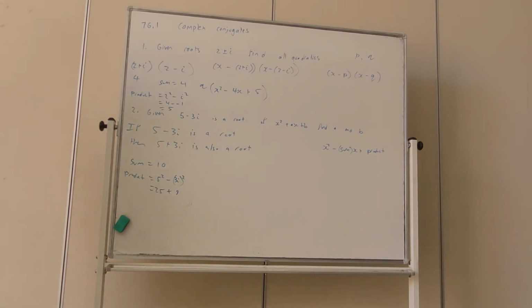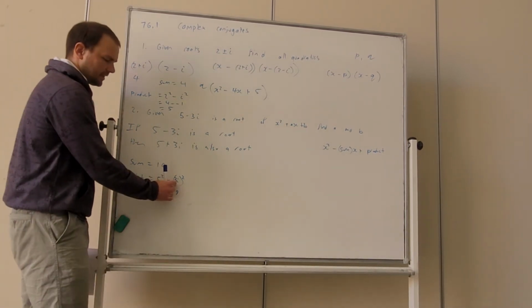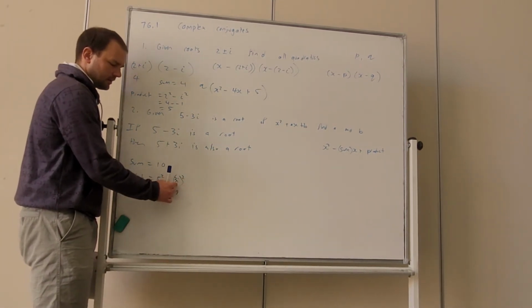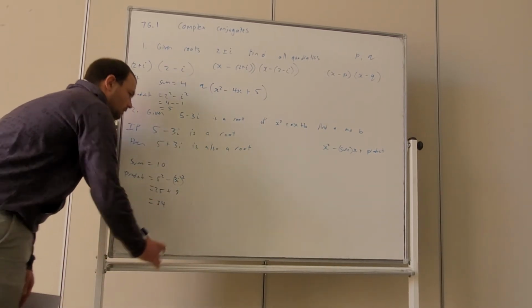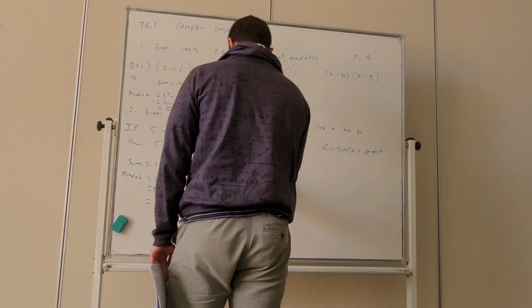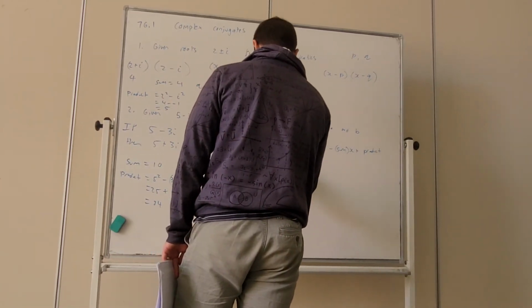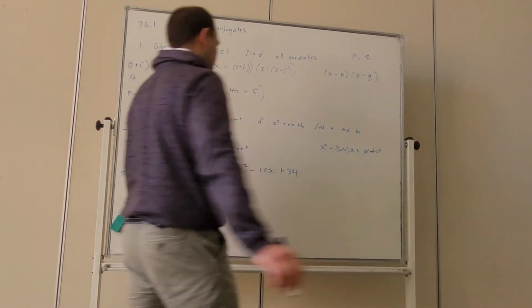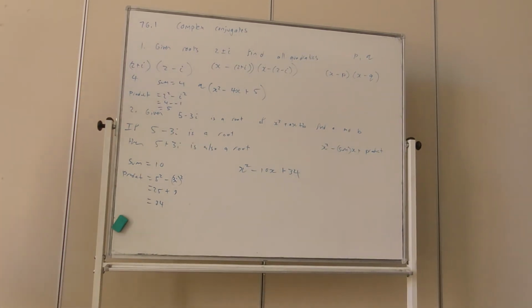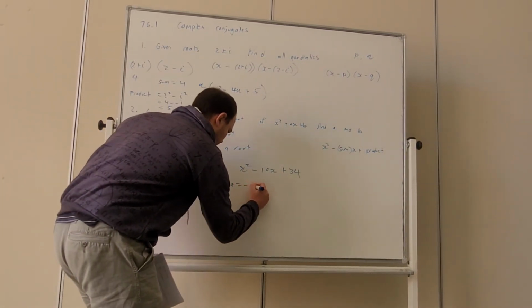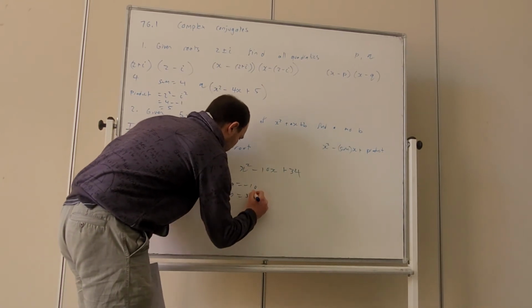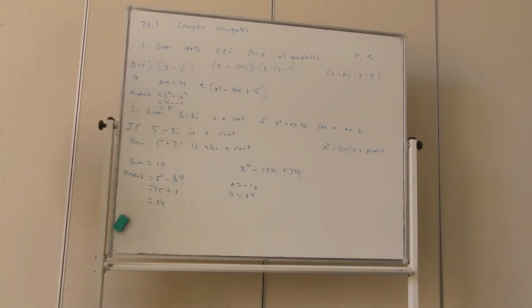Okay, 25 plus 9, because it's take 9 times i squared, and i squared is minus 1, so that'll be 34. And so this quadratic would be x squared take 10x plus 34. And so therefore the value of a is minus 10, and b is 34. So we've answered the question.